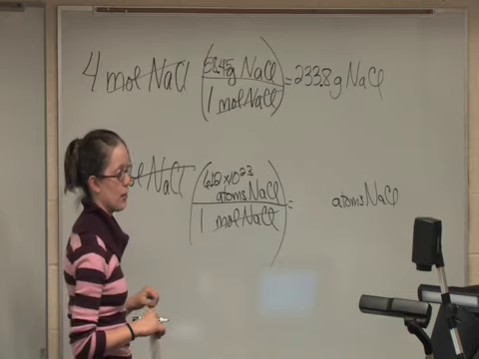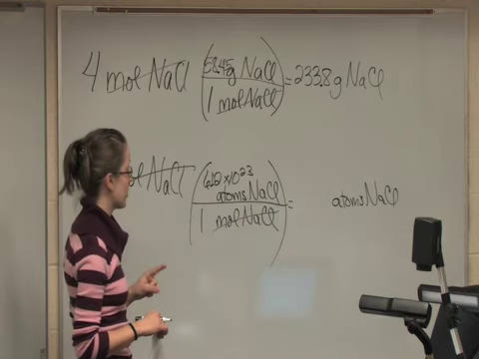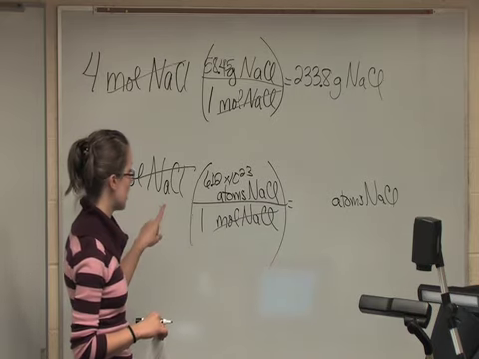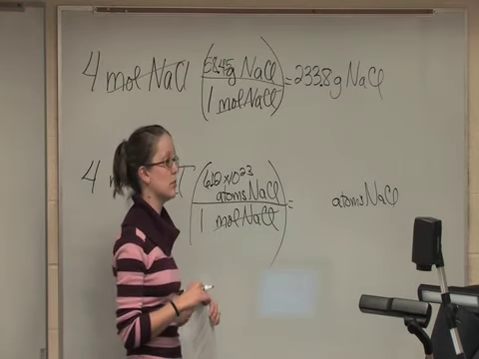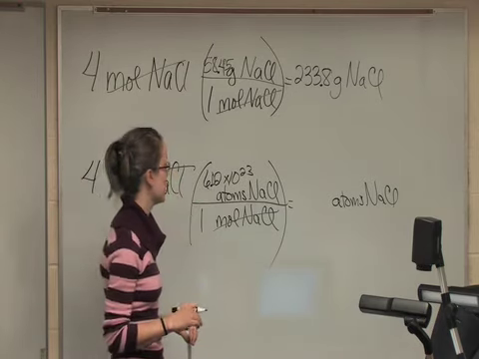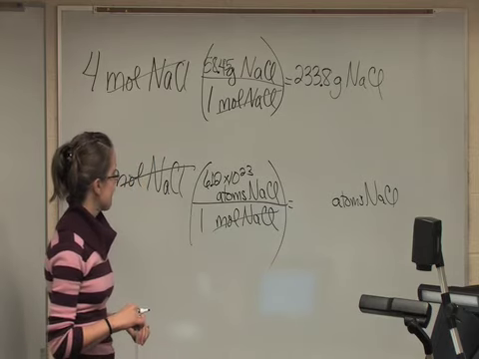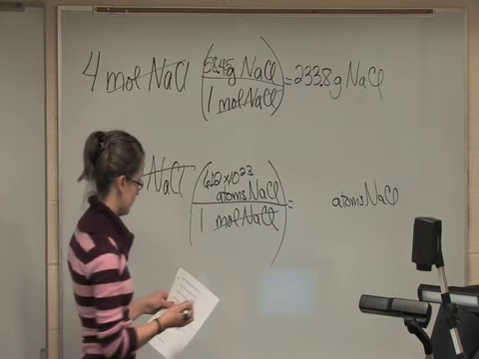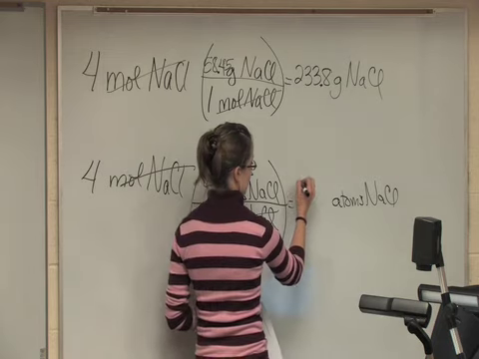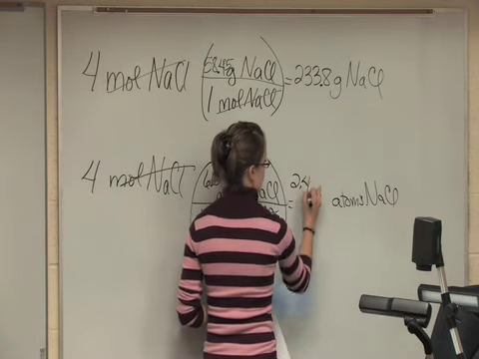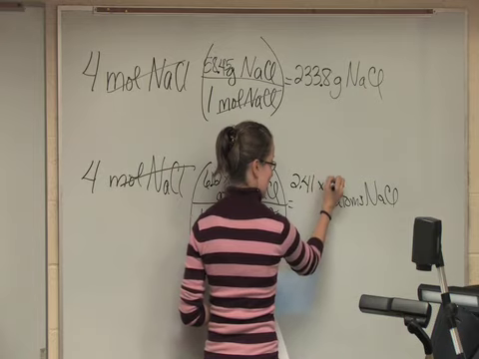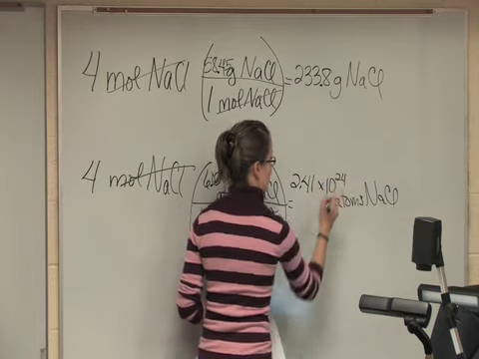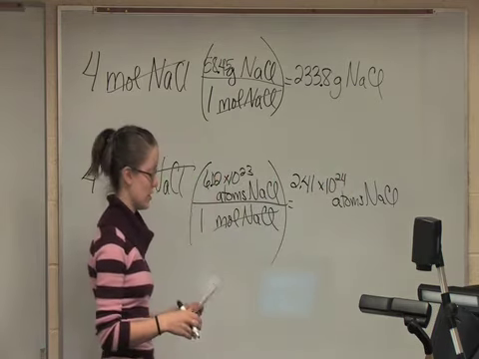How do we do this math problem? Multiply because the number's in the top. So you do 4 times 6.02, that E button, 23. 2.41 times 10 to the 24th. All right, I'm trusting you.